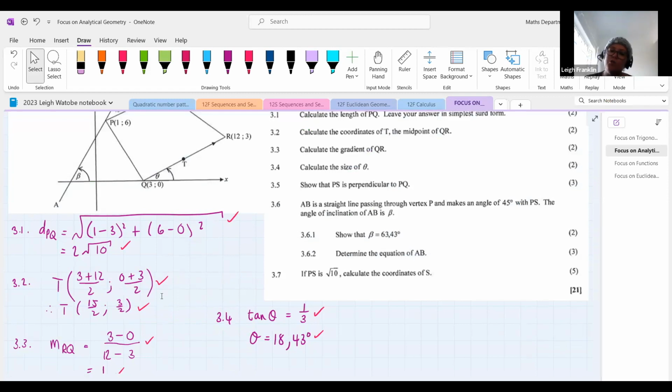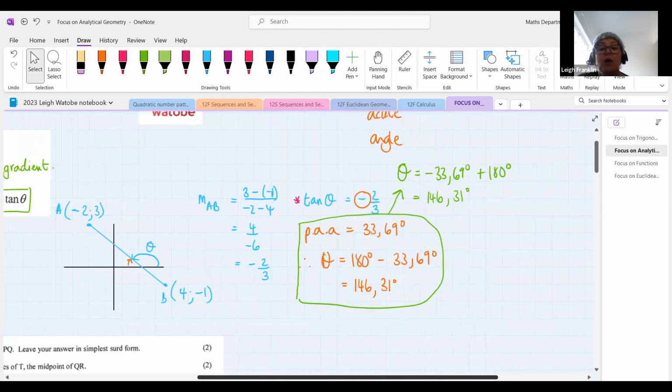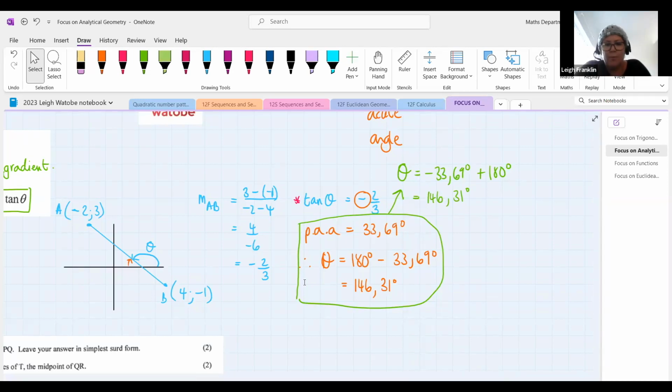So it's not necessary for you to calculate that reference angle when the gradient is positive. You would only do that when your gradient was negative. So what I wanted to emphasize here, I hope that makes sense to you, Shantae. Yes, thank you, ma'am. No problem. So if you are calculating a reference angle first, say that it's a reference angle. Otherwise you can do what's there in green.